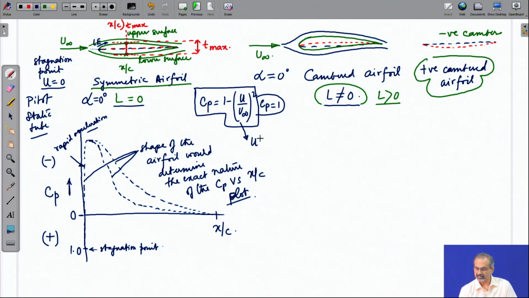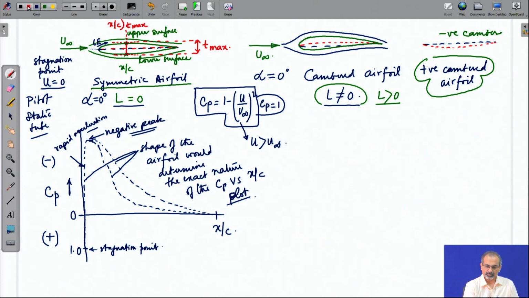That means, u exceeding u infinity will create a negative Cp. Because of the rapid acceleration, there is a negative peak which is created, which is the region where highest extent of acceleration has occurred, and then it starts gradually slowing down as it approaches the trailing edge part of the airfoil. This is broadly the nature of the Cp curve.